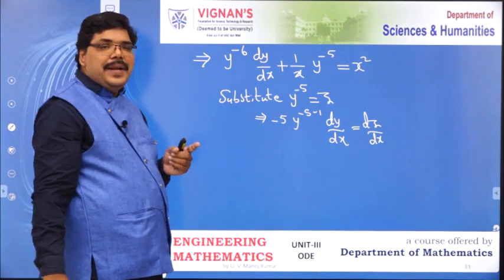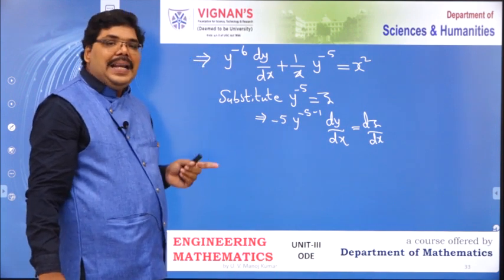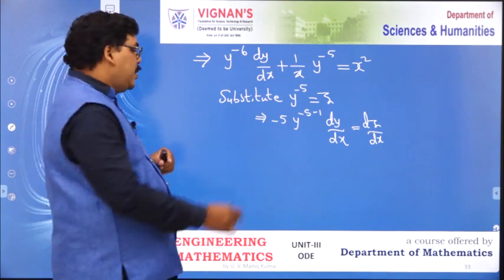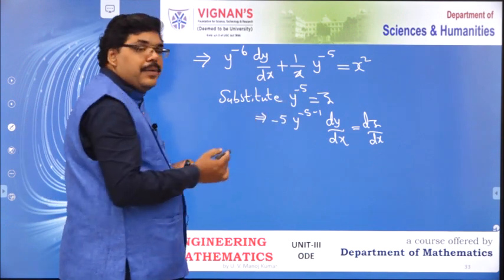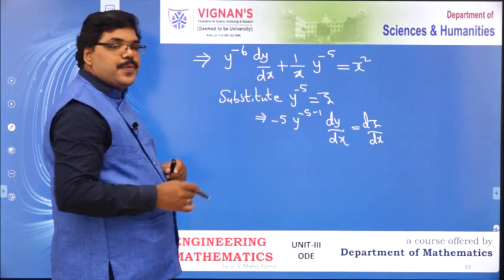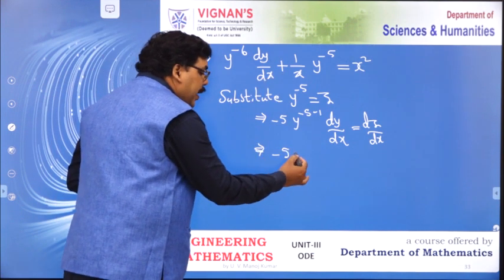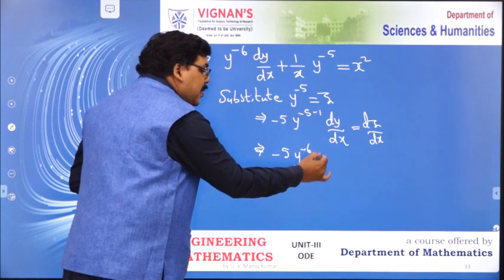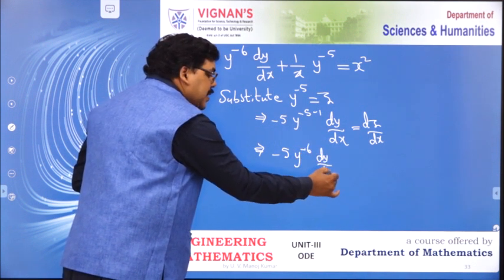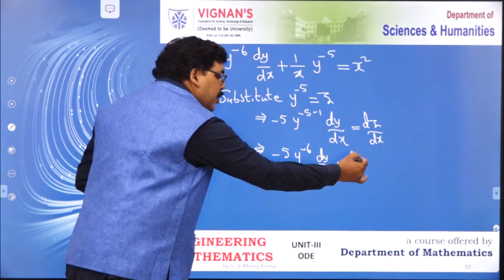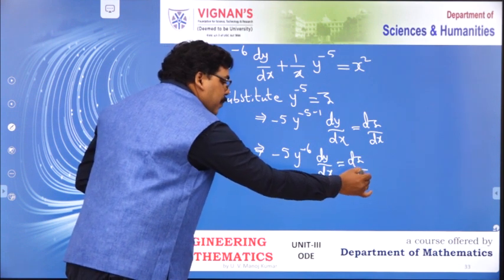What is the derivative of x power n? N into x power n minus 1. So n is minus 5. Simplifying this, minus 5 into y power minus 6 into dy by dx equals dz by dx.